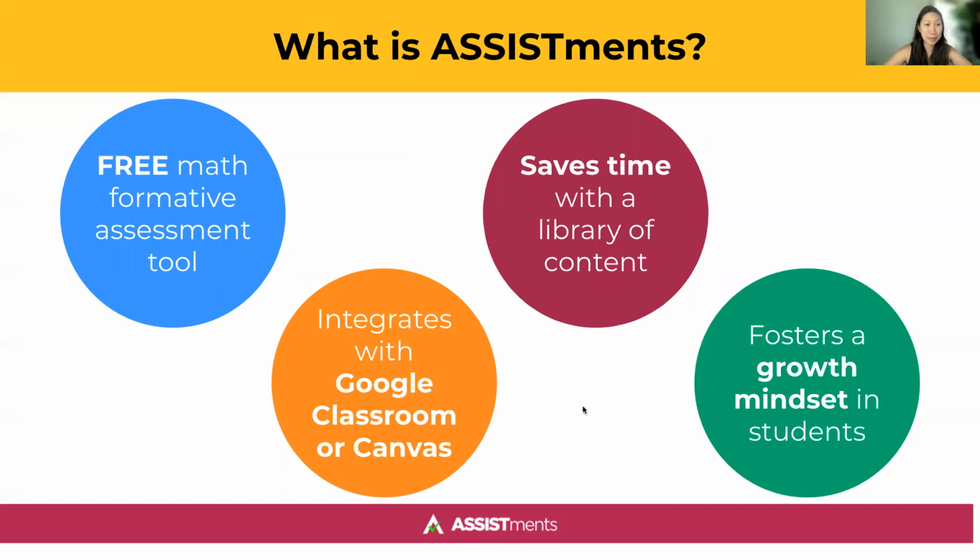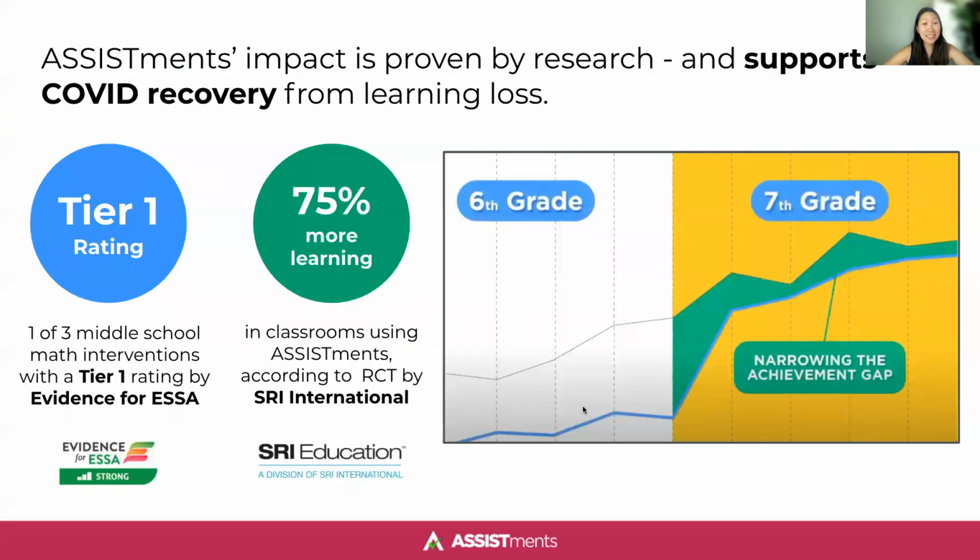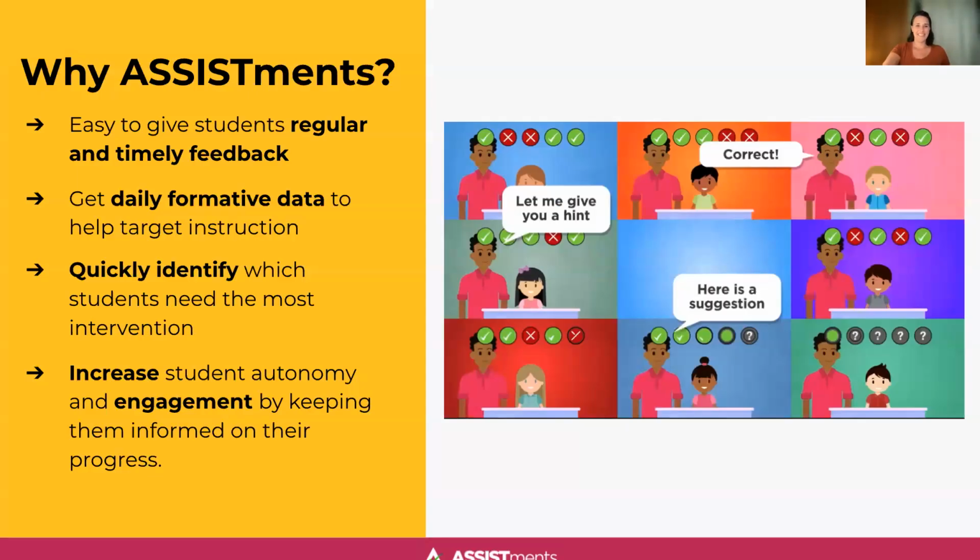And so let me talk a little bit about why. Basically what happens is it's daily formative data that I can use to inform my instruction. So we're going to talk a lot today about that data report and how to use it to quickly identify which students need the most intervention, as well as which students are ready for challenges.